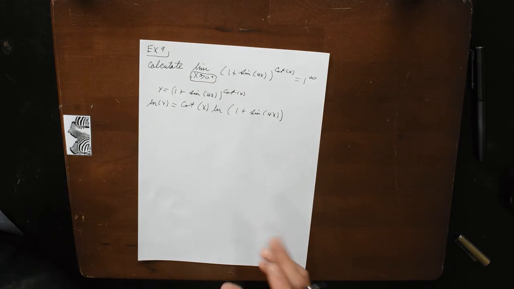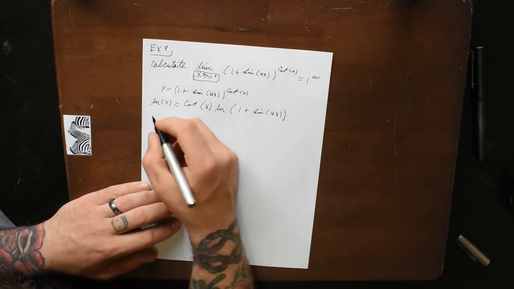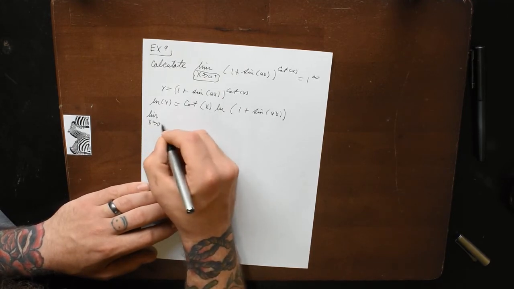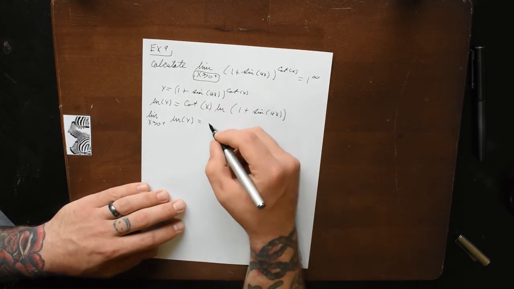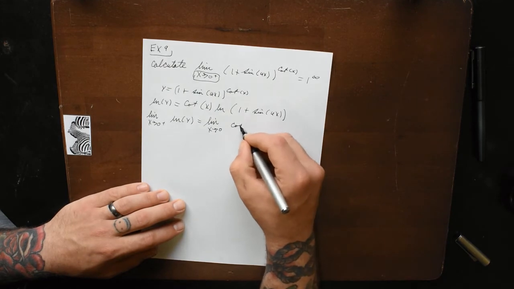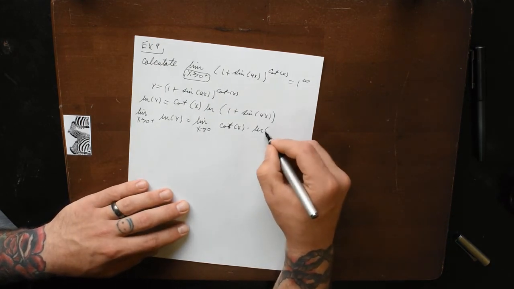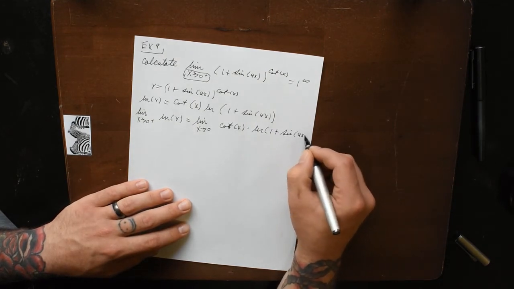And now what we want to do is take the limit as x goes off to 0 from the right of the natural log of y, which is going to be equal to the limit as x goes off to 0 of the cotangent of x times the natural log of 1 plus the sine of 4x.